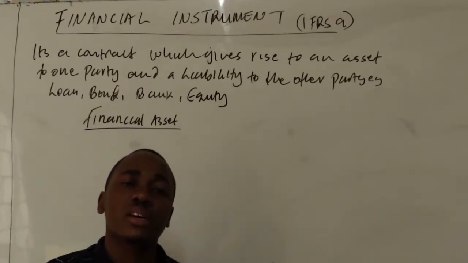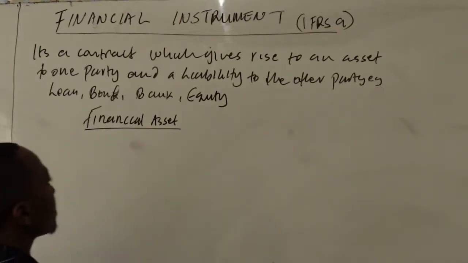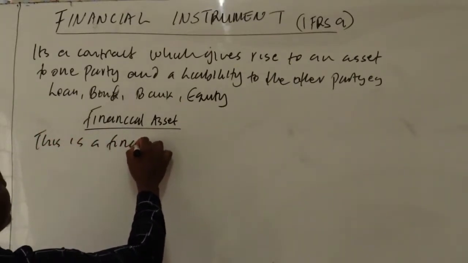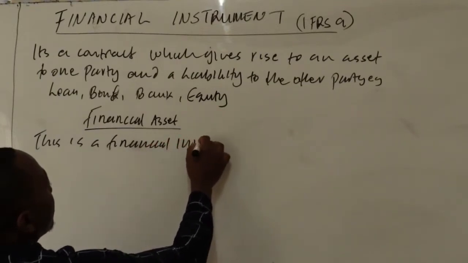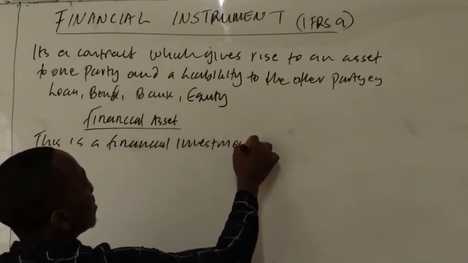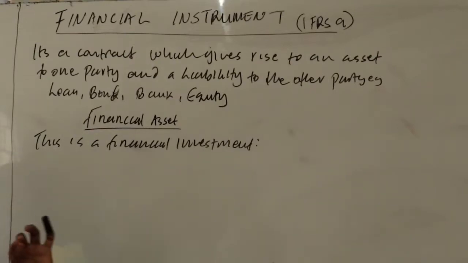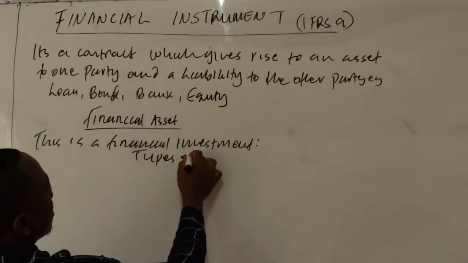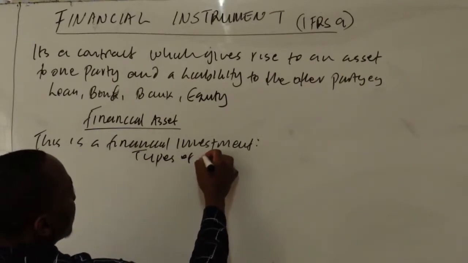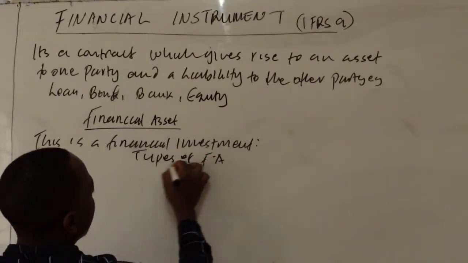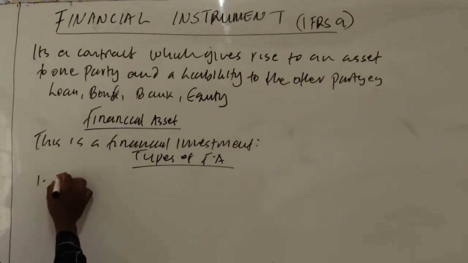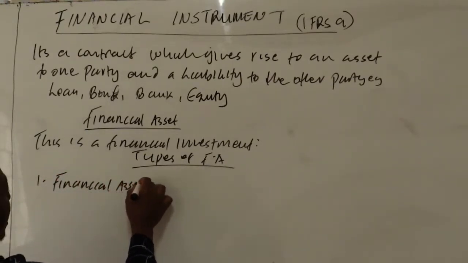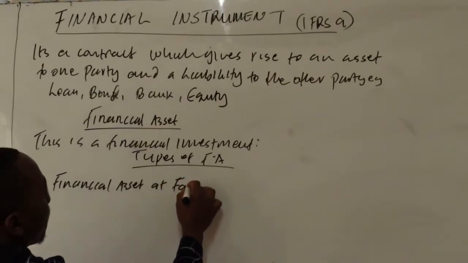And what's a financial asset? Now a financial asset, this is a financial investment. It's a financial investment which is broadly categorized into four. So let's look at types of financial assets or classification of financial assets. One, we have financial asset at fair value.